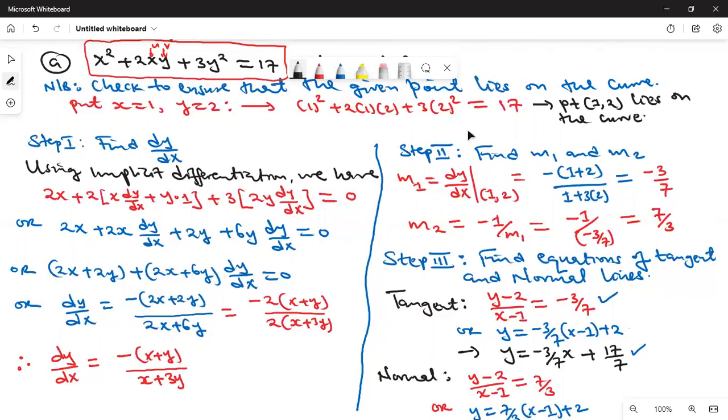I want to give you another one that is very simple. You are asked to find the equations of tangent line and normal line. Let me give you one where we have to apply parametric differentiation.